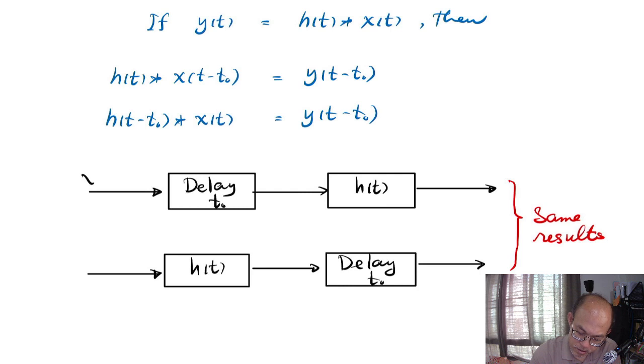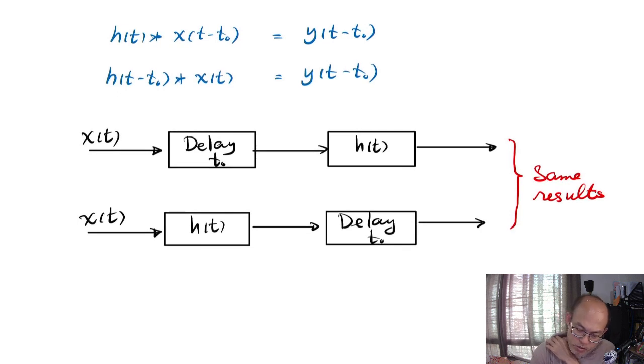These are x of t, the same x of t. So we can switch the order between h and the delay without changing the result from the convolution. That's what it means.